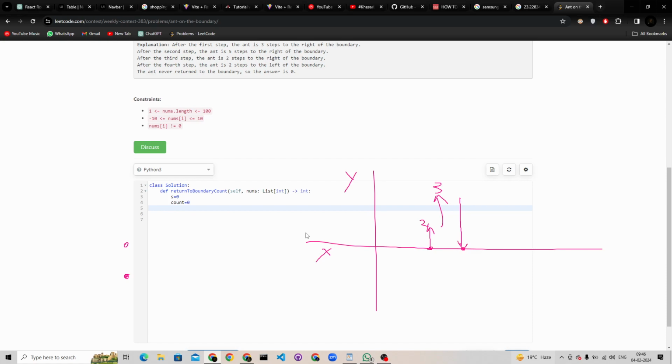And s will be storing the current sum. For a in nums, s plus equals to a. Now if s becomes 0, that means we have reached the x coordinate. So count plus equals to 1, right? And that's it, we'll be returning the count.